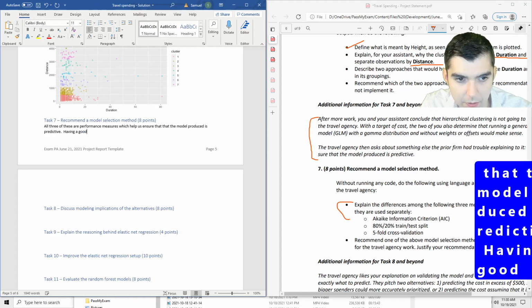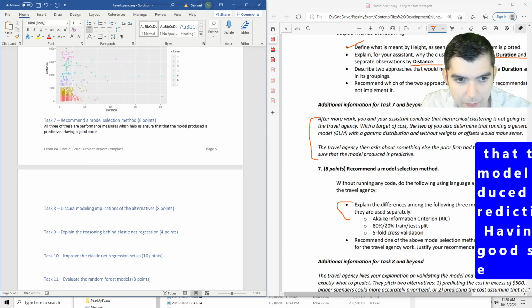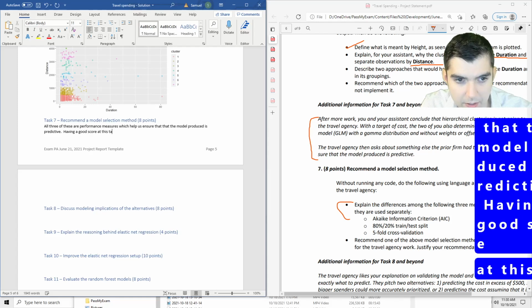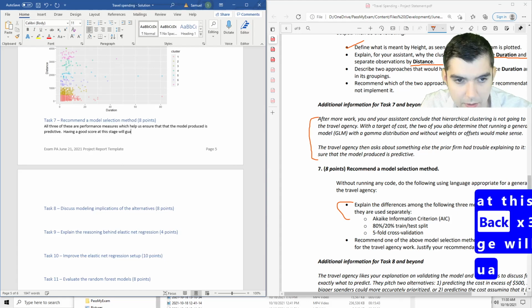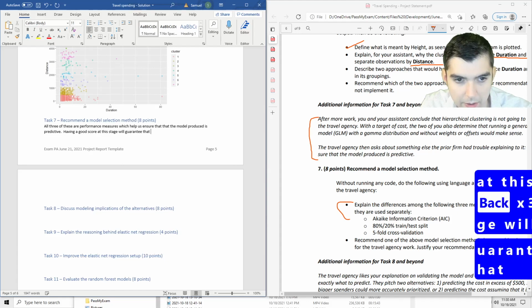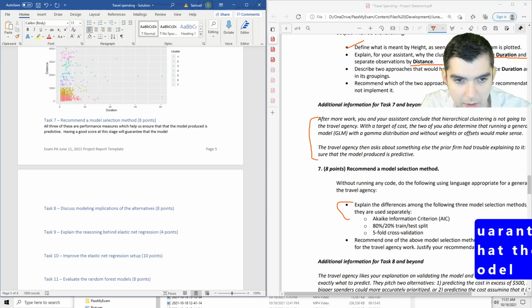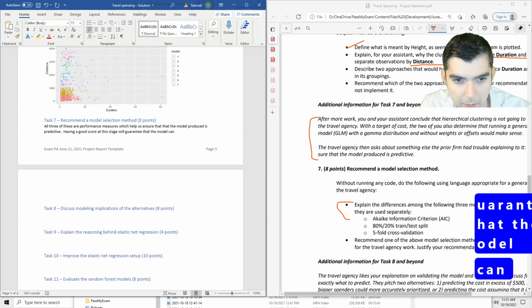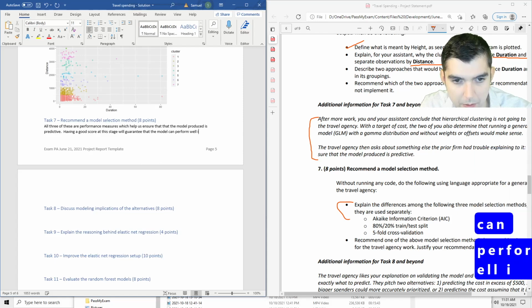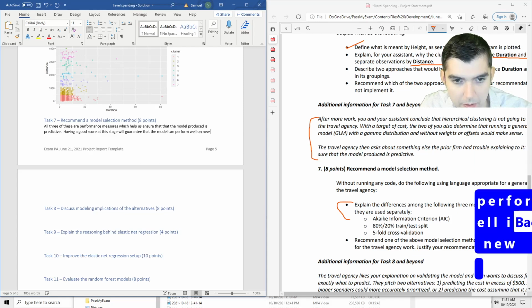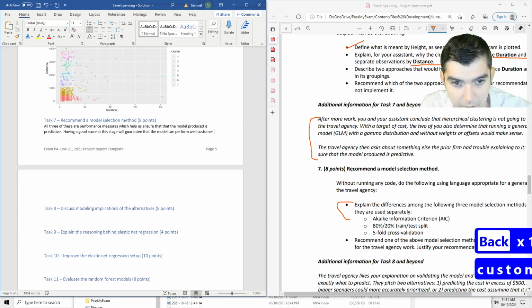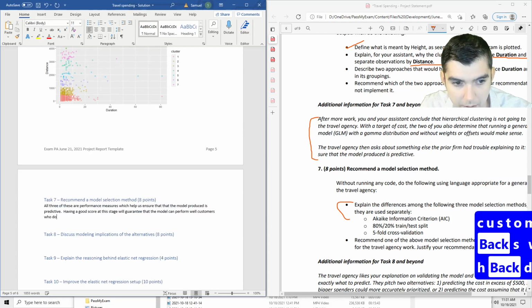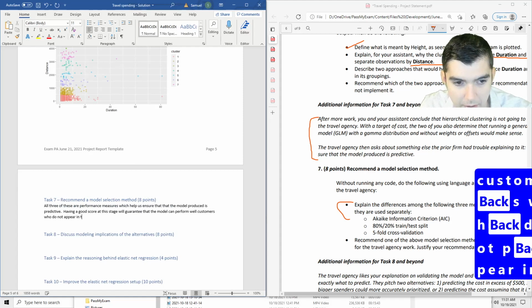Having a good score at this stage will guarantee that the model can perform well on new data, on new customers who do not appear in this data set.